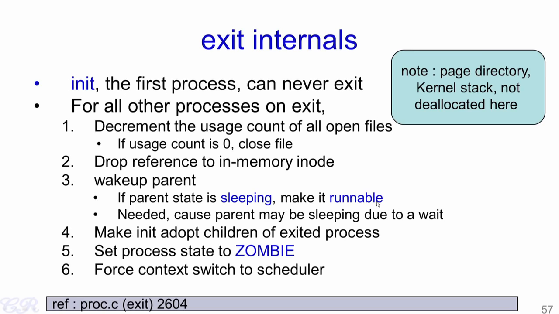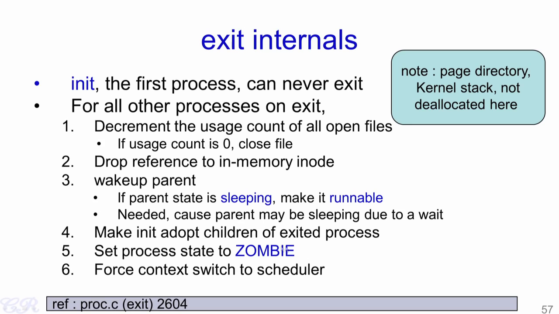Why is this needed? This is needed because a parent may be sleeping due to a wait system call, and therefore, making it runnable would ensure that the wait system call becomes unblocked. The fourth point is that the exiting process will make init, recollect that init is the first process ever created by the OS, adopt all the children of the exiting process, and the exiting process is set to a state called the zombie state.